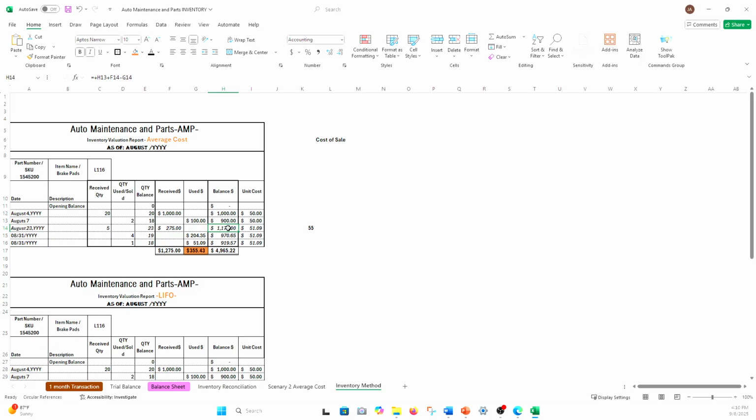But if I divide this one by the total units, my average cost became 51.09. So that's average cost. So at the end, if I just calculate how much was my average cost of sale based on this method, it is $355.43. That's the way that the average cost works. Now let's go to LIFO.